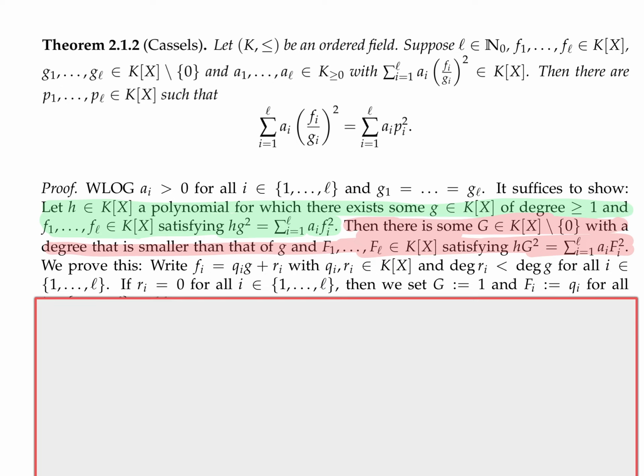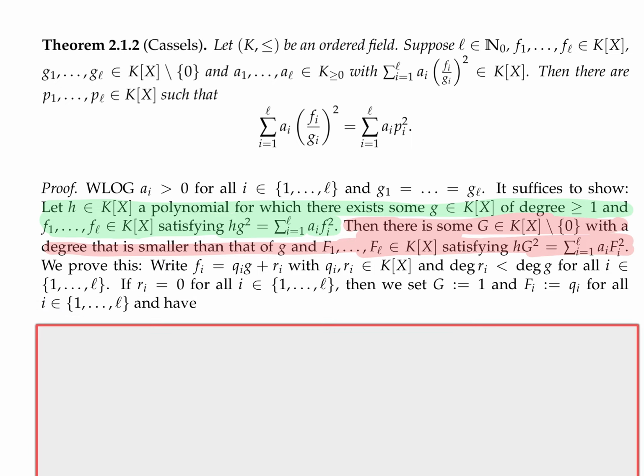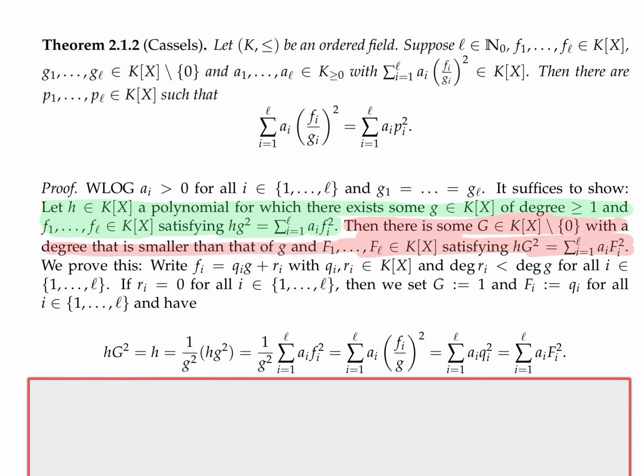When we set g to be 1, the new denominator, and then fi to be qi for all i in 1 to L, and when we have hg squared equals h equals 1 over g squared.